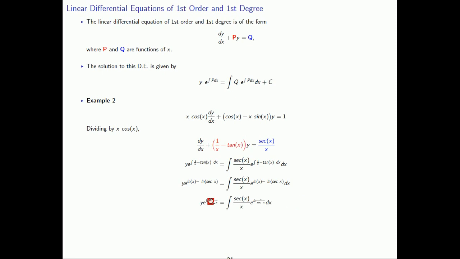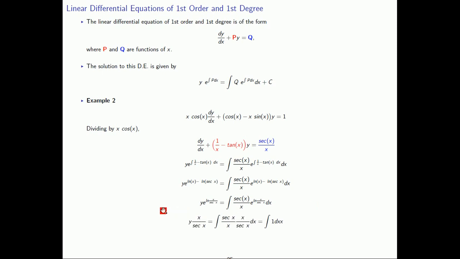Now using the property of logarithms, ln x minus ln sec x will be ln of x upon sec x. So LHS will be y into e raised to ln of x upon sec x, equal to integral of sec x upon x e raised to again ln of x upon sec x dx.